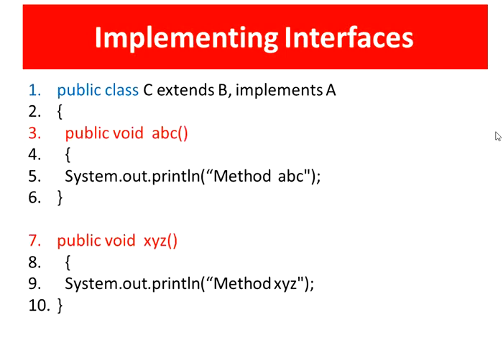Now we have created another class C. This class C is extending class B. That means we are inheriting properties of class B, and this same class C is implementing interface A. Here we can see this class C has implemented the void ABC method, which is a method belonging to interface A. So this method is defined with this logic as displaying output method ABC using the system.out.println statement.